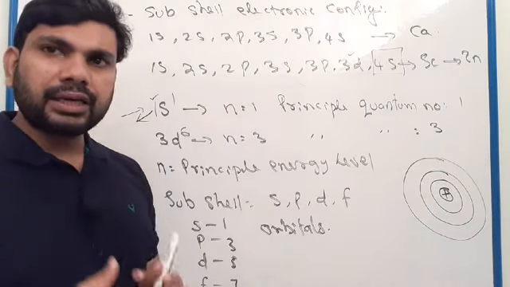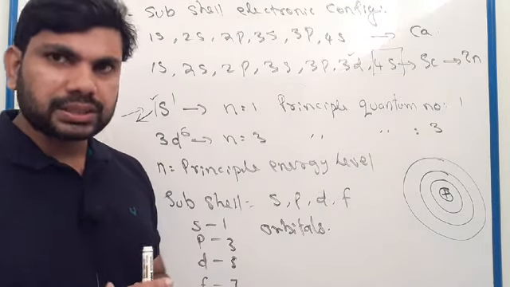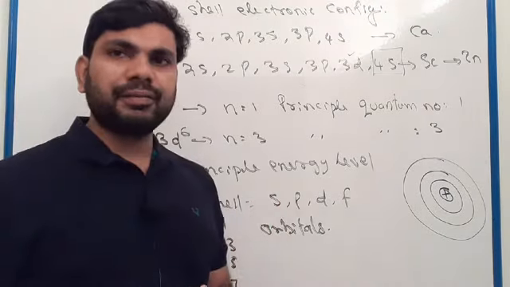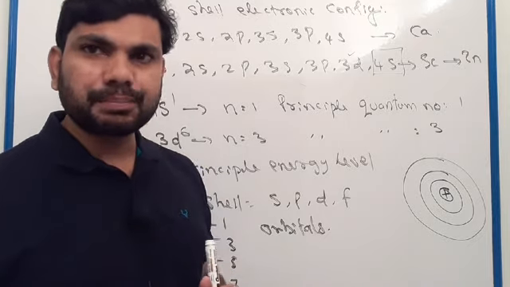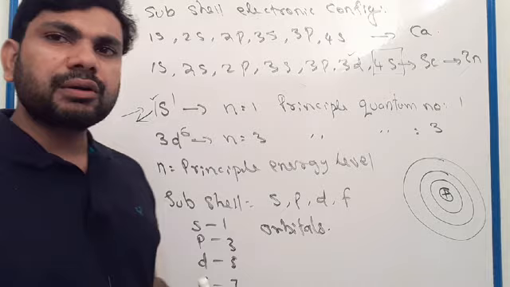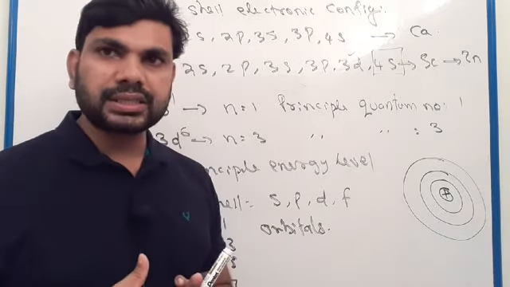In each principal energy level there are subshells. These subshells are represented by s, p, d, f. Each subshell consists of a different number of orbitals.